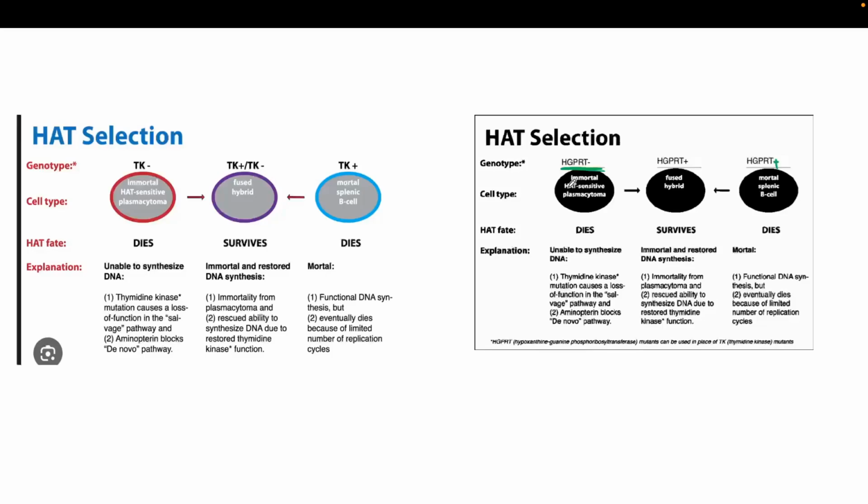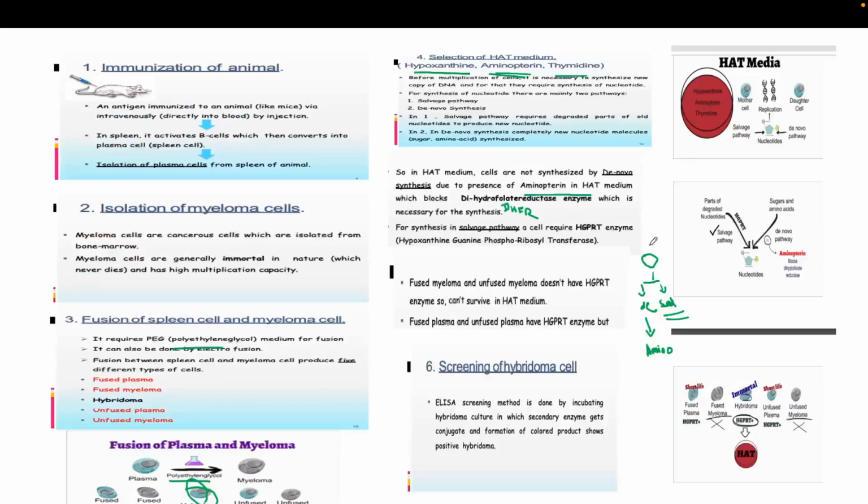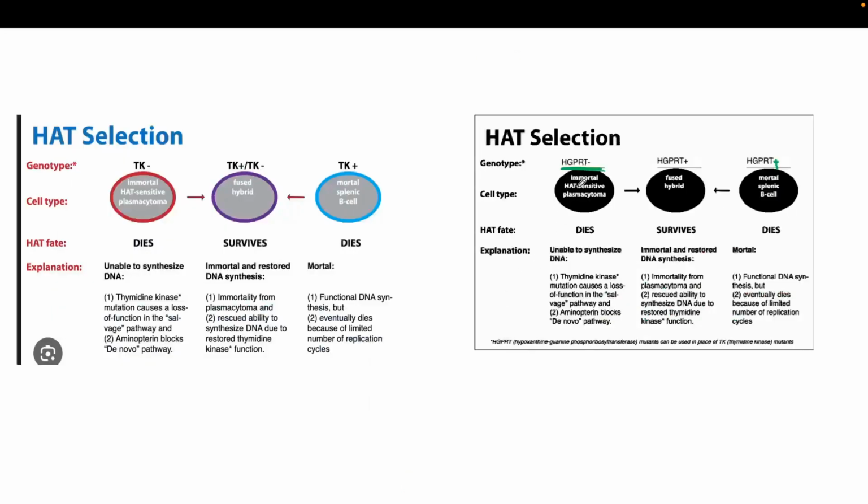The de novo synthesis is already blocked because of aminopterin. Because of the absence of HGPRT, the myeloma cell will not survive in the HAT media, since it also cannot perform the salvage pathway, because HGPRT is responsible for the salvage synthesis. If both pathways are blocked, this cancerous cell will not survive in the HAT media.